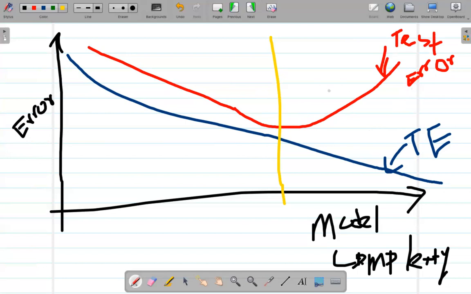Can you imagine which side is overfitting? Yes, this side is overfitting. This is the overfitting area because it trained properly with the training data, but does not perform on the testing data. Actually, the model is not good. Then this is called the underfitting area.